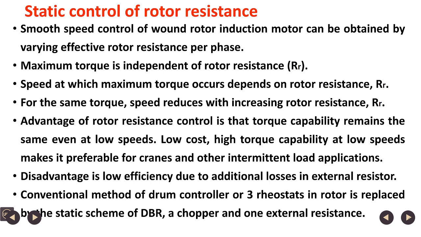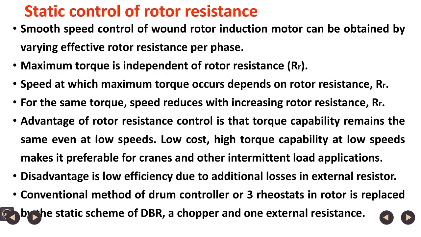Starting torque also increases, which is an advantage. This method is used to increase the starting torque, and the main advantage of rotor resistance control is that the torque capability remains the same even at low speeds, as you have seen in the characteristics, and the cost is very low. So, low cost and high torque capability at low speeds make it preferable for cranes and other intermittent load applications.